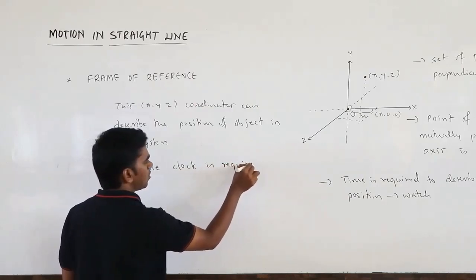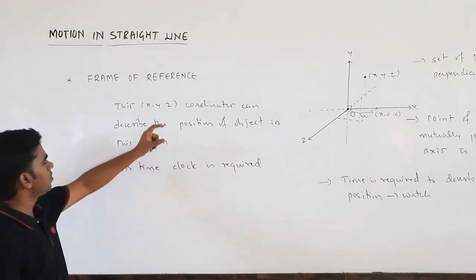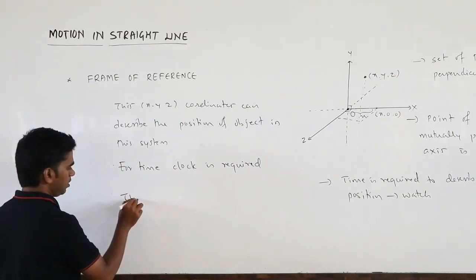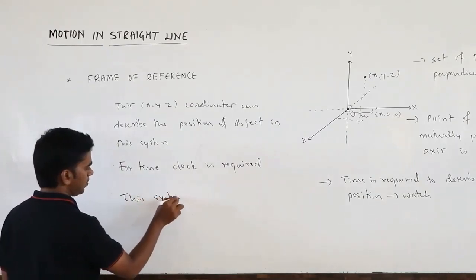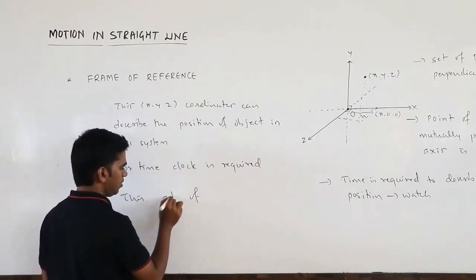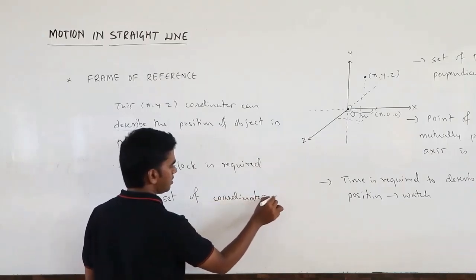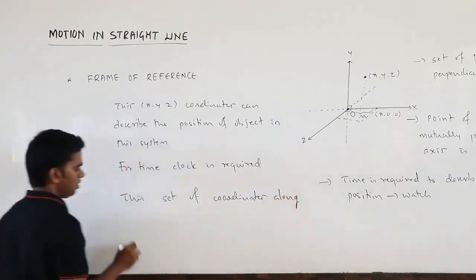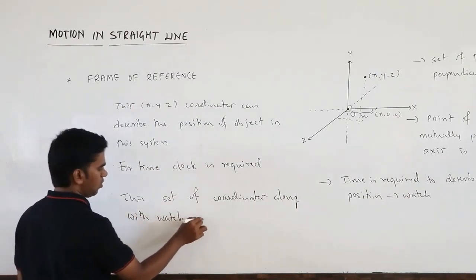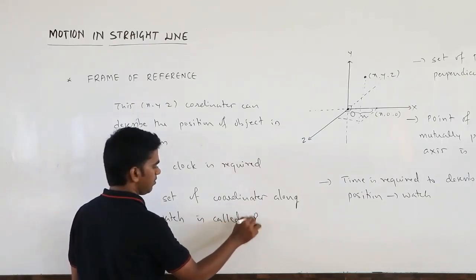So this system of axes, this set of coordinates, along with a watch, is called what? Frame of reference.